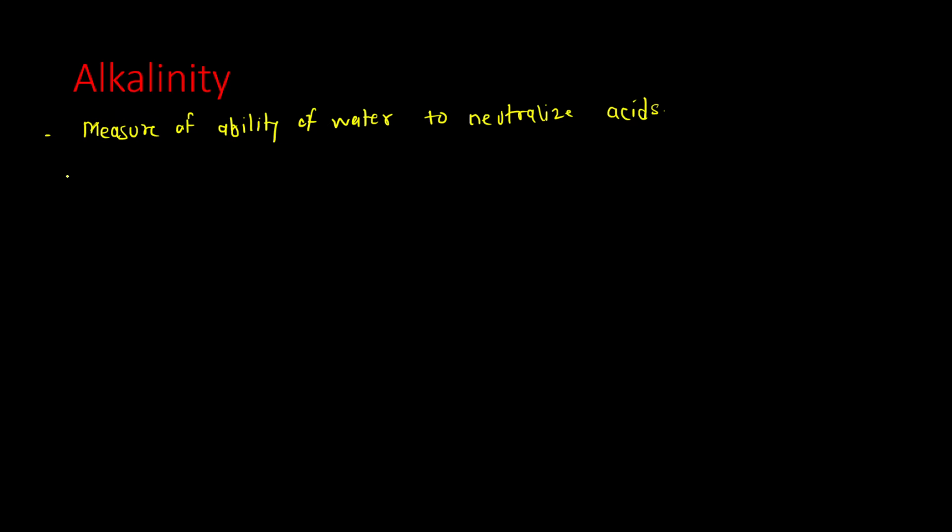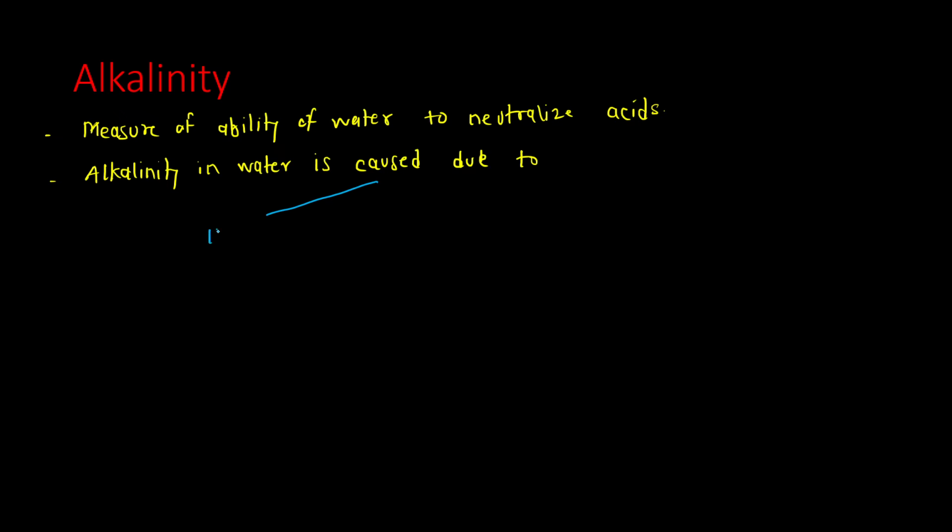Okay. So this alkalinity is caused due to hydroxyl ions, that is OH minus, carbonate ions CO3 minus 2, and bicarbonate ions. So alkalinity in water is caused due to three things.